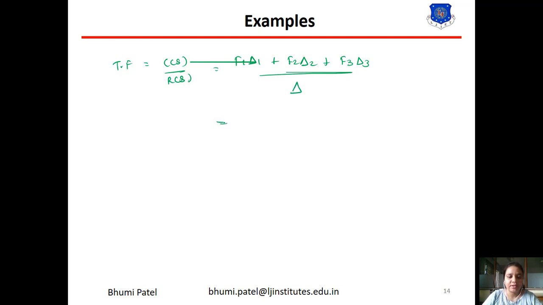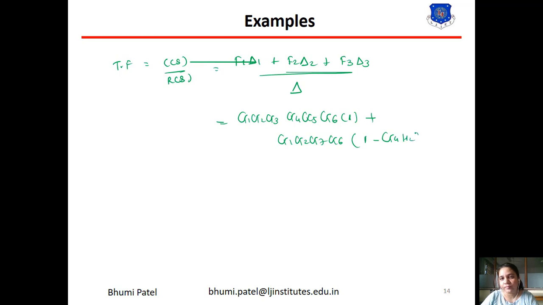So F1 is equal to G1, G2, G3, G4, G5, G6 and delta 1 is equal to 1, plus F2 is equal to G1, G2, G7, G6 and delta 2 is equal to 1 minus G4H2, plus F3 is equal to G1, G2, G3, G4, G8 and delta 3 is equal to 1, divided by delta.